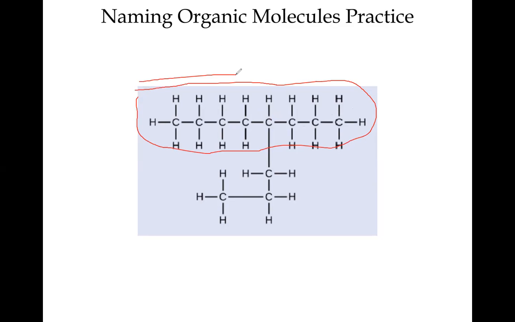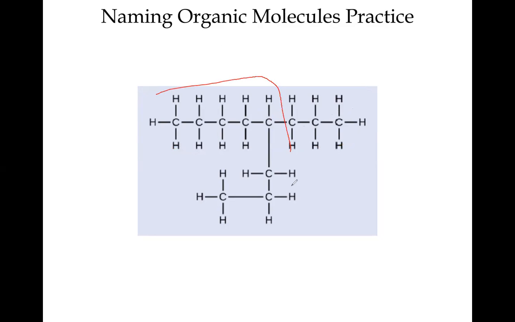What if we did this? Okay, now what do we got? We got 1, 2, 3, 4, 5, 6, 7, 8. So 8 there. And then what other option do we have?